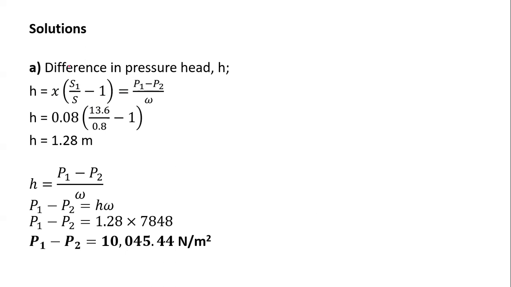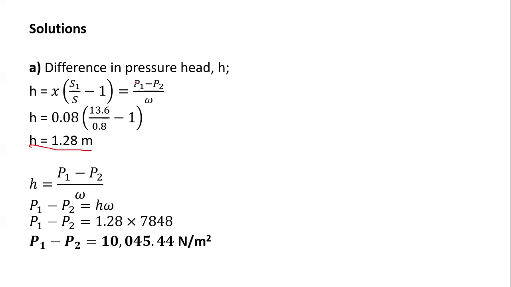Either this or P1 minus P2 over omega. Of course, we do not have these two; either of them is supposed to give you that H. So after that, you can substitute. Your X is 0.08, S1 is 13.6, the other one is just 0.8, everything take away 1. So your height therefore becomes 1.28 meters.